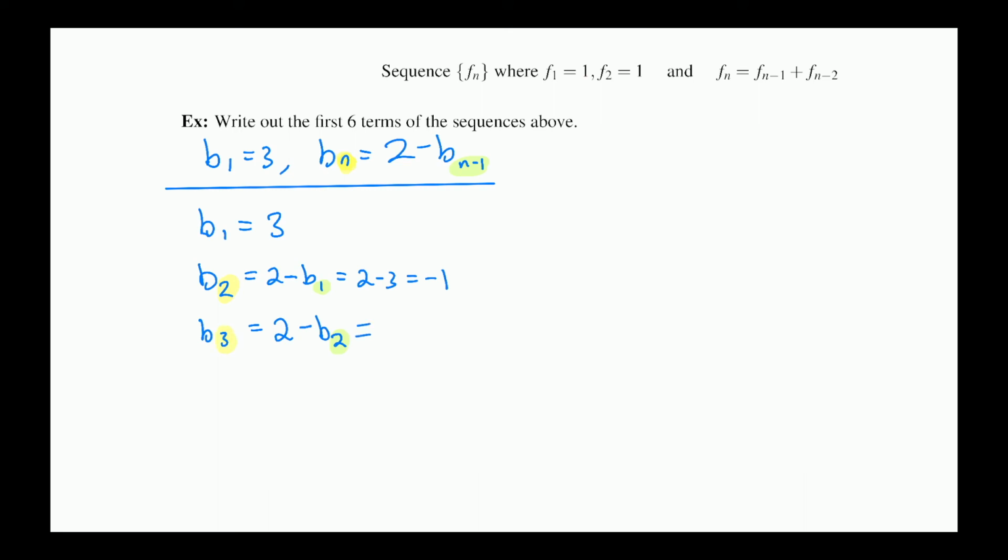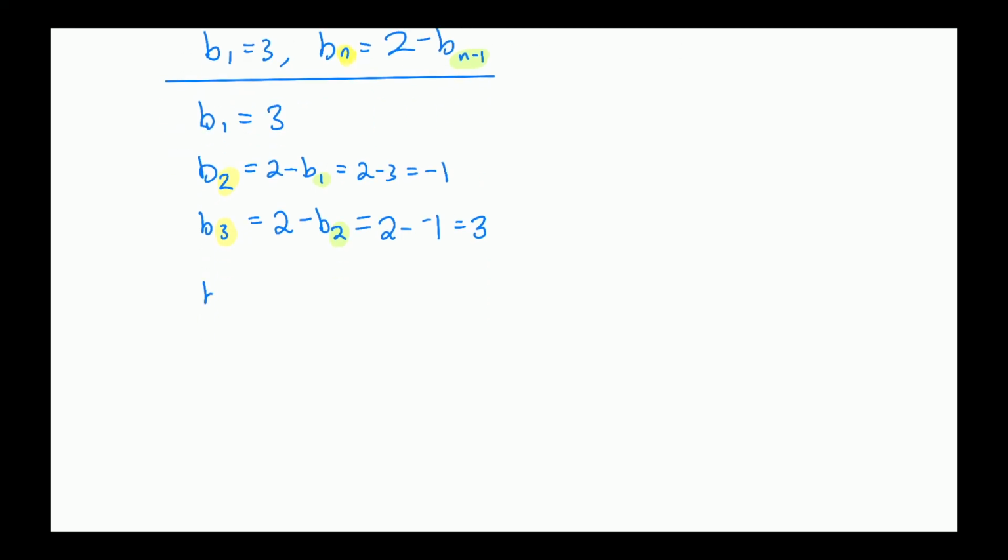So you fill in what B2 is. 2 minus B2, B2 is -1, the one we just calculated. So you have 2 minus -1, which is 3. So you move on to the next one, B4. How do we calculate B4? Well, according to the formula, it should be 2 minus B3, which is 2 minus 3, which is -1.